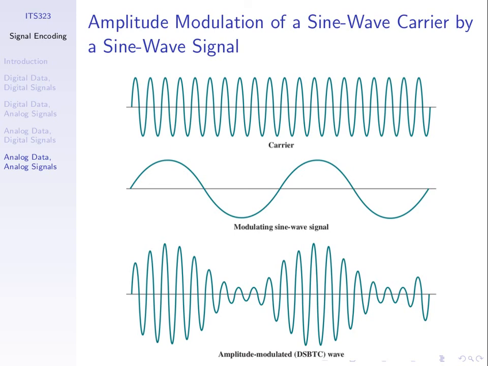With AM radio, we have, say, the input voice, the input data that we want to send, someone talking. We have a carrier signal at, say, 900 kilohertz. That's the frequency or the channel. And we vary that carrier signal by changing the amplitude according to the input. Amplitude modulation.